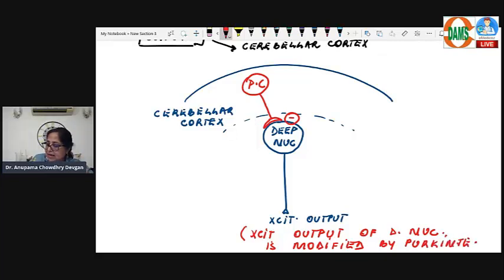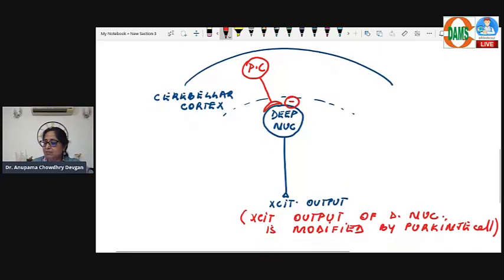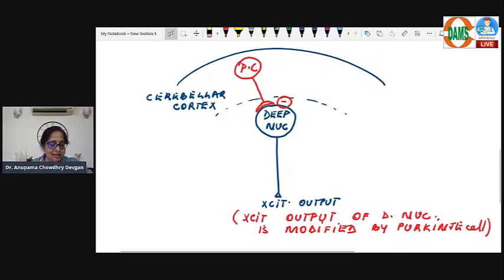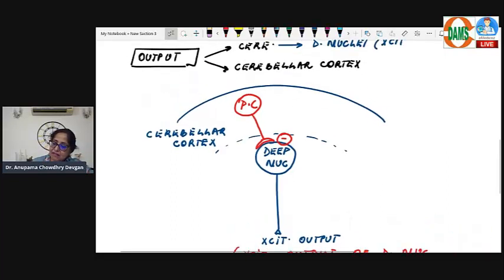The Purkinje cell lies in the cerebellar cortex. It is a large inhibitory neuron. If the Purkinje cell is more active, it will inhibit the deep nuclei output. So if I ask you, what is the output of the cerebellar cortex?